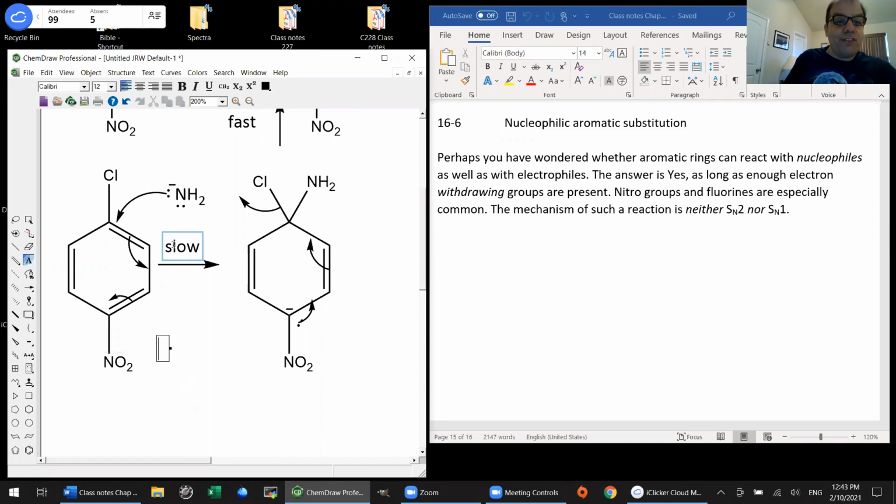If this is the rate determining step, the slow step, well, we see that there's two species involved, the aromatic compound and the nucleophile. So that tells us all we need to know. The rate law for this reaction would be rate constant times nucleophile concentration, times aromatic compound concentration.